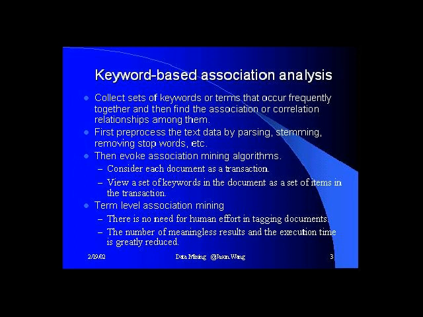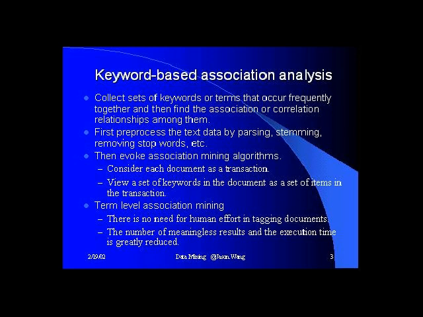Keyword-based association analysis. As I stated earlier, you have a collection of documents and you try to discover associations between keywords in these documents. What you do is you predefine, say, 1,000 most important keywords, 1,000 for example. And then for each document, you represent that document as a 1,000 dimensional vector. At each position, depending on whether that document has that keyword or not, you can put a 1 or 0 in that position.